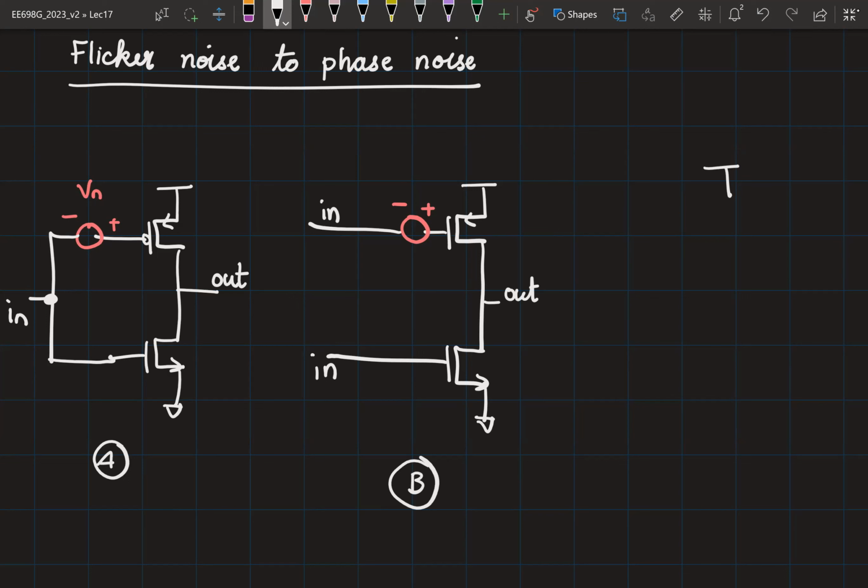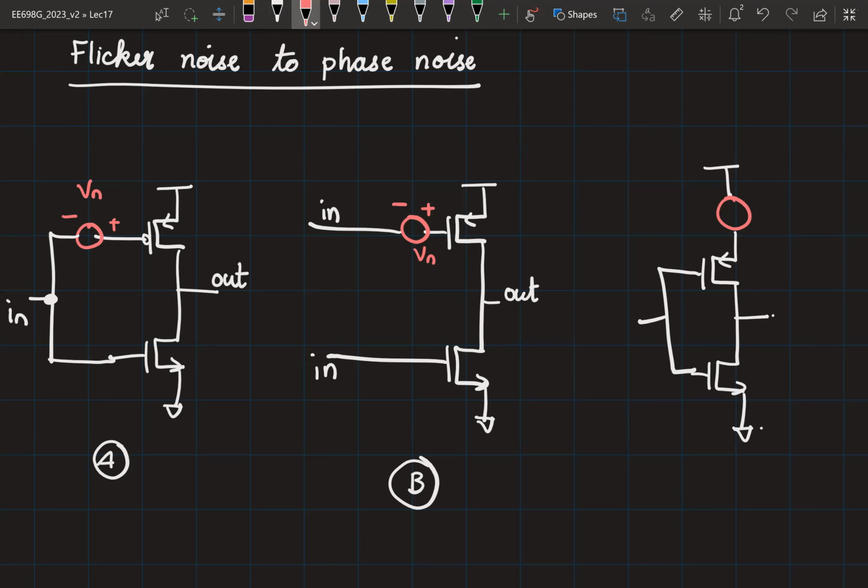Now let me do one more transformation. I'm going to shift this Vn from the gate side to the source side. So how should the signs be? In shifting it from the gate side to the source side, we don't want any current or voltage in the PMOS and NMOS transistors to be affected.